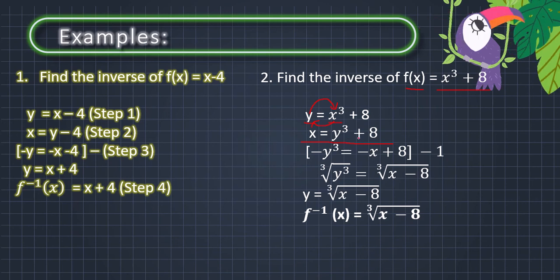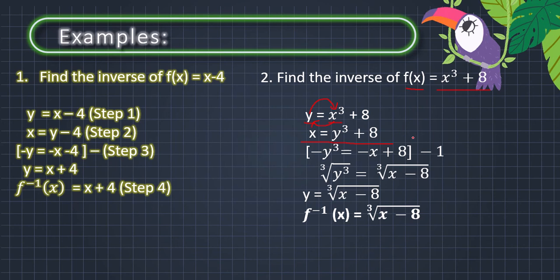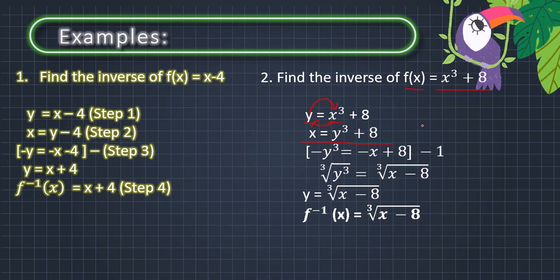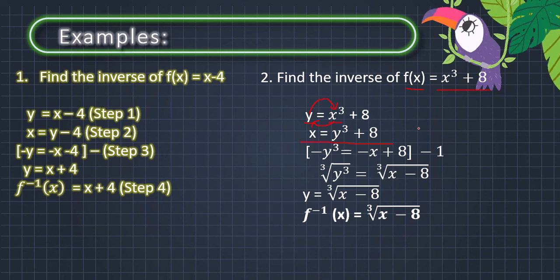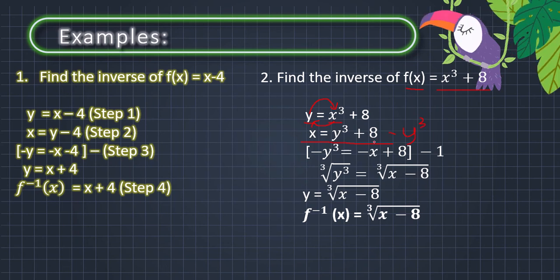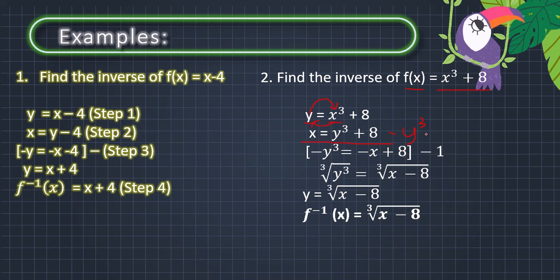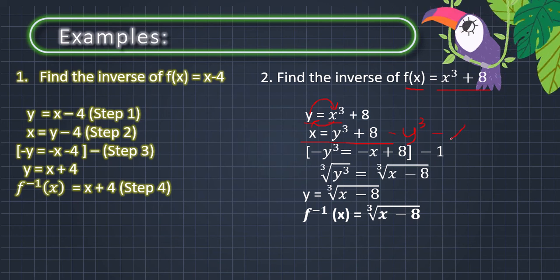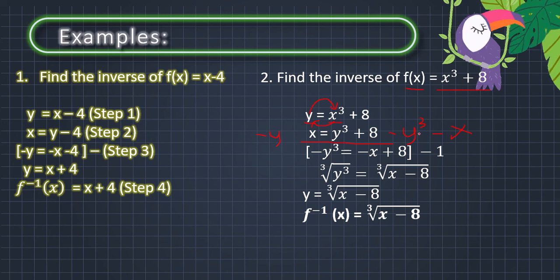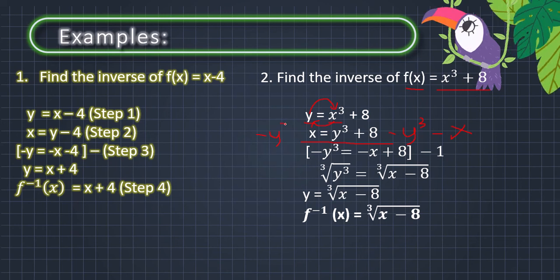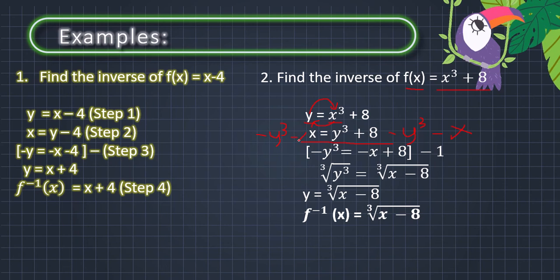After that, we solve for the value of y. From this step, before you look at the line below, I want you to observe it here. We apply again the property of equality. In this case, we are subtracting y cubed on the right, and at the same time minus x here, and then we have minus y on the left, and on the left also y cubed minus x.